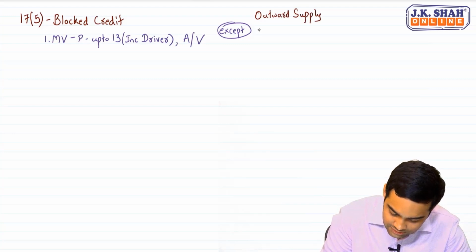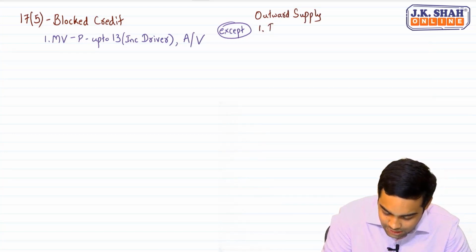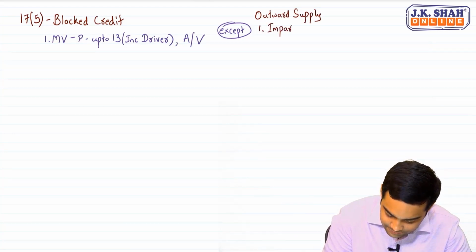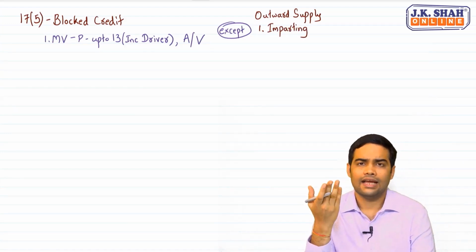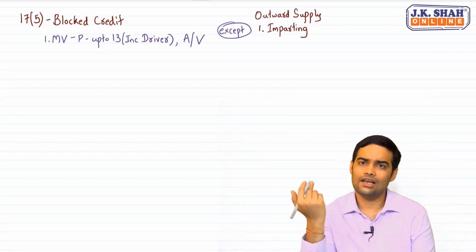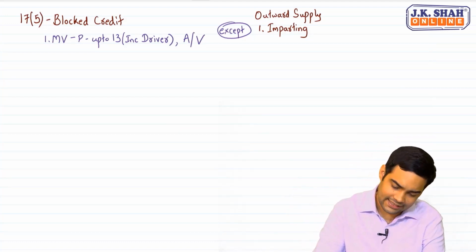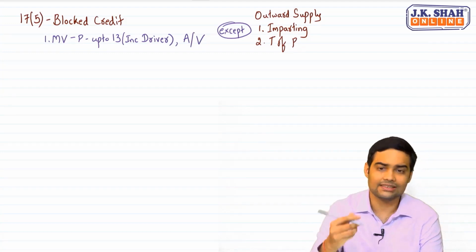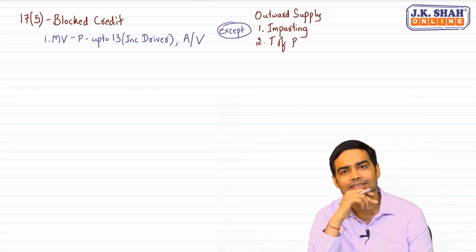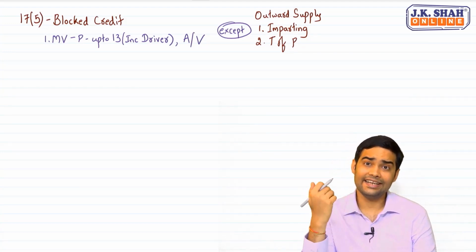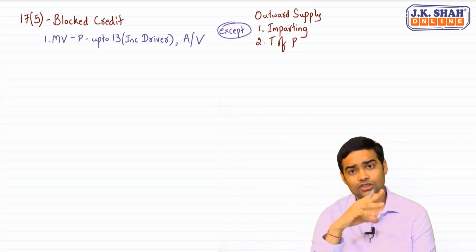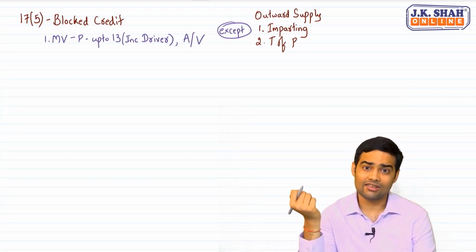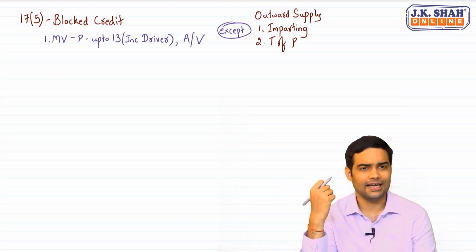First outward supply is if I am imparting motor driving skills. It could be imparting navigation skills for vessel or aircraft. Second, if I am in the outward supply of transportation of passengers. Transportation of passengers means IndiGo, SpiceJet or cab drivers who are running tours and travels business. In such cases, they will be eligible.